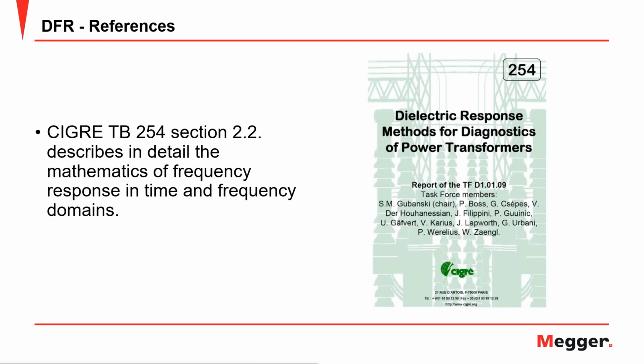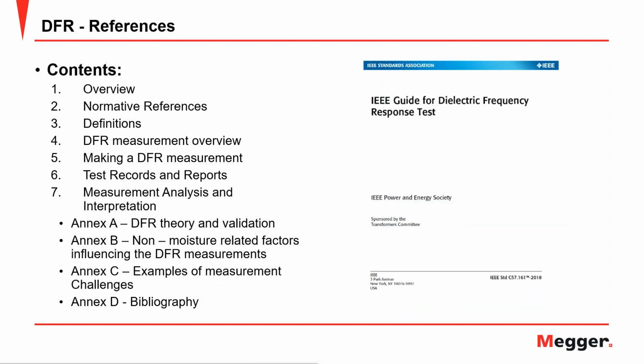So just some of the references that I was talking about. I want to highlight in the IEEE guide that there's lots of good information here, especially in the annexes. So please look into that information if you have access to the IEEE standards. Otherwise, just go to the IEEE website and you can purchase that guide.